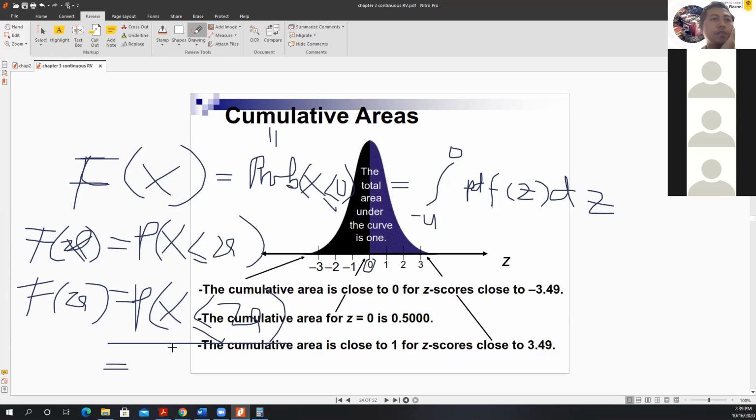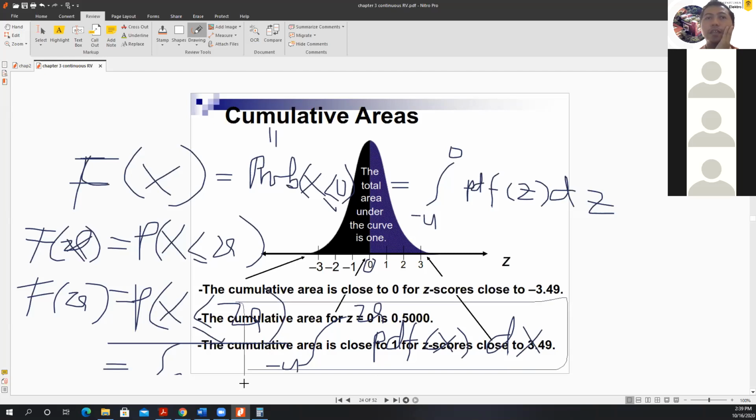It is equal to the integral from minus infinity to x of the PDF of x. Something like that. Okay, any questions?